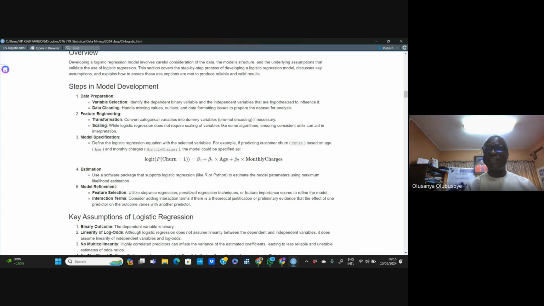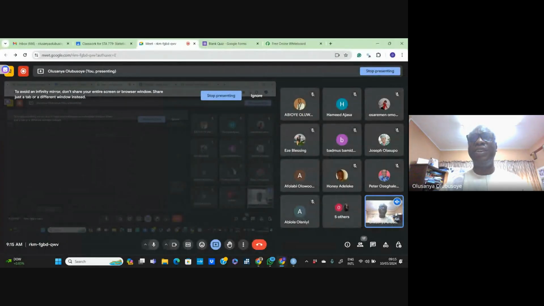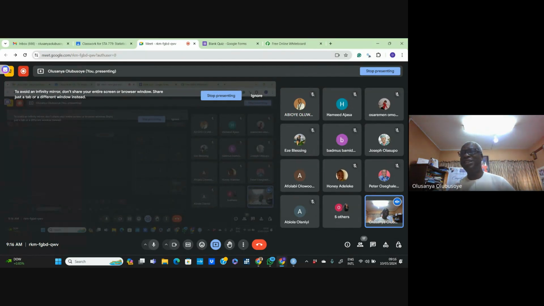In fact, we are starting this from today, everybody. Joseph will create a Google Sheet and share it with the class. From today, we want to start monitoring the Naira dollar exchange rate.